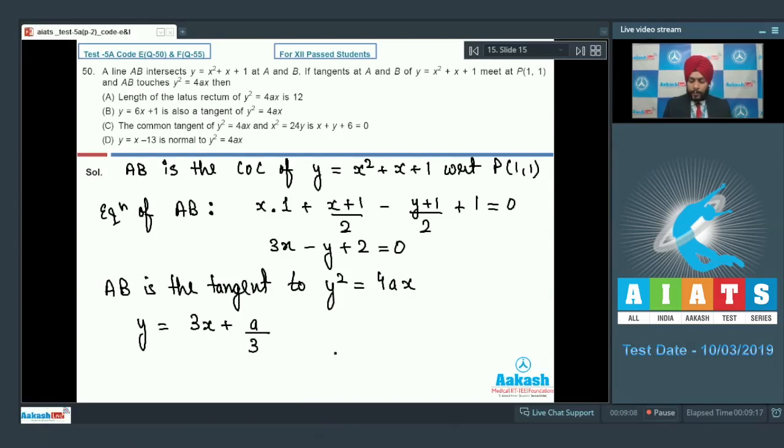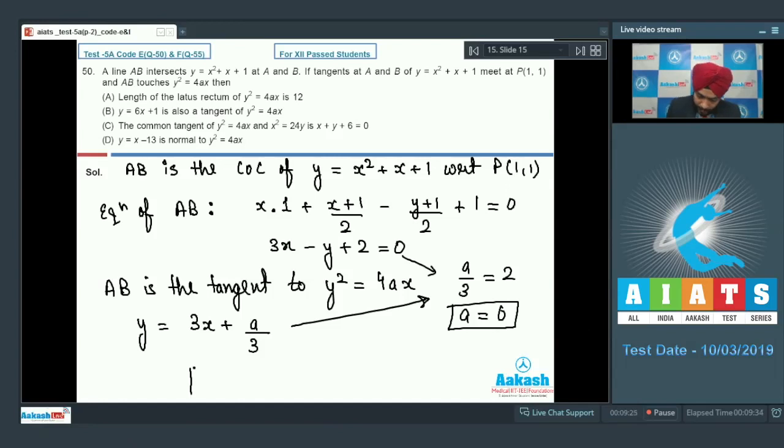By comparing this, we get a by 3 equals 2. So a equals 6, by comparing this equation and this equation, because both of them represent the equation of tangents. So if a is equal to 6, the curve is y square equal to 24x. The required curve in discussion is y square equals to 24x.